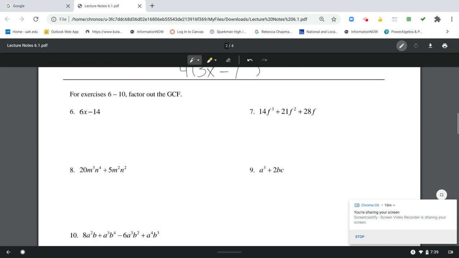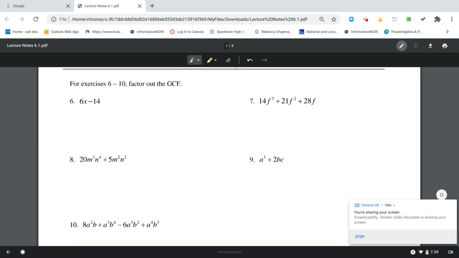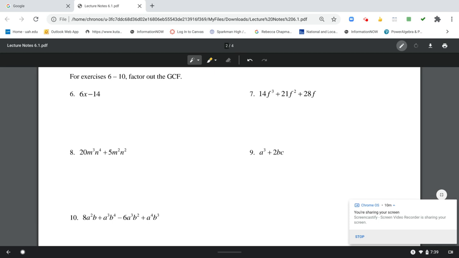All right. So the next 5 examples, we're going to do nothing but greatest common factor. So when I look at 6 and 14, I know both of those numbers are divisible by 2. So 2 and 3, 2 and 7. Well, I know they have a 2 in common, but 3 and 7 are prime. They'd have nothing in common. So I'm going to factor out a 2. Now, before I say 2 is the only thing I can factor out, I look for variables. Well, the first term has a variable, but the second one doesn't, which means they do not have a variable in common.